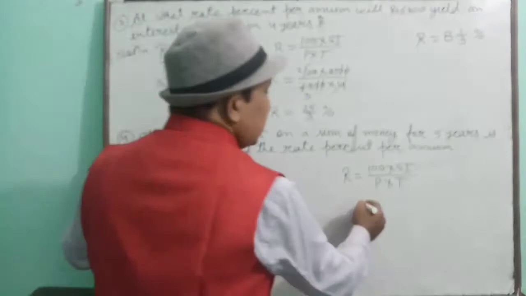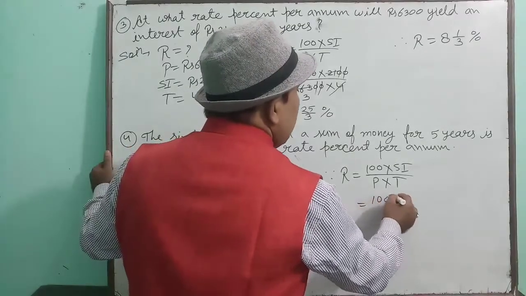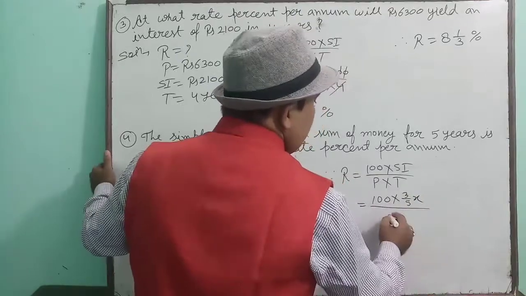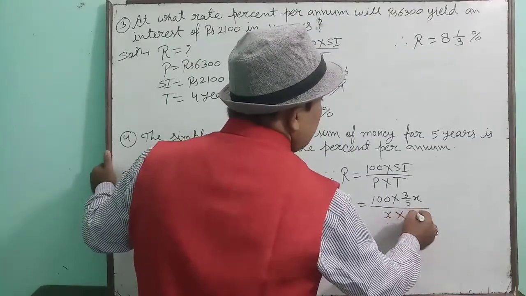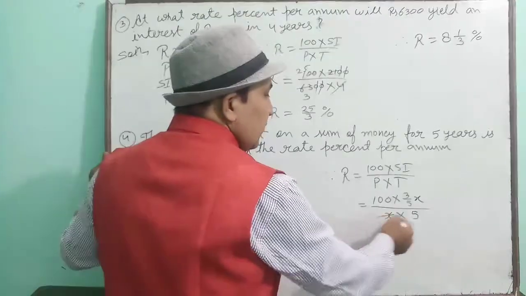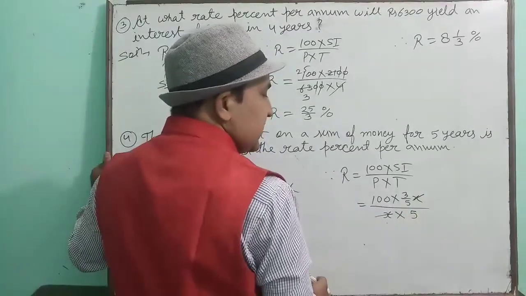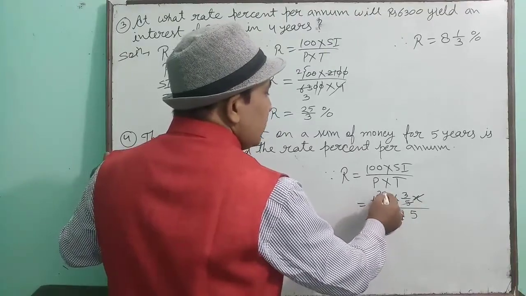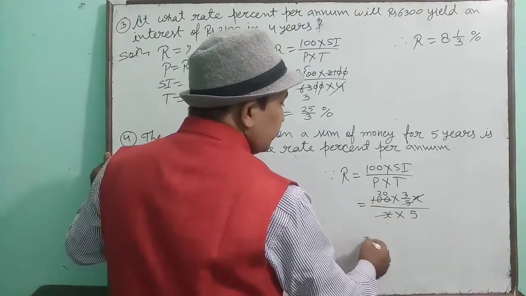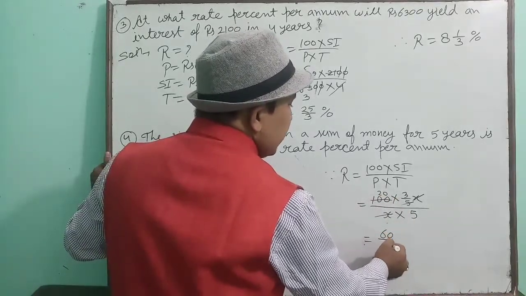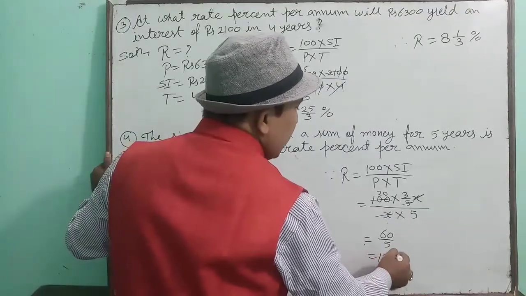Now by applying the formula for rate, 100 into 3x by 5 upon x into 5. Okay? You are watching x and x are cancelling each other. This 5 will divide 100 by 20 times. 20 into 3, 60 upon 5 means 12.